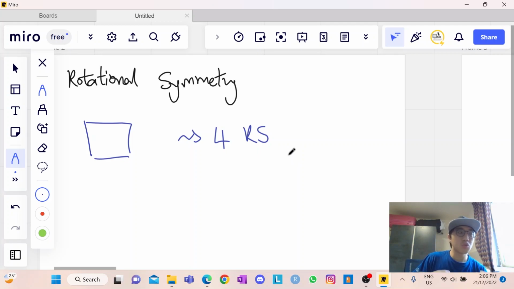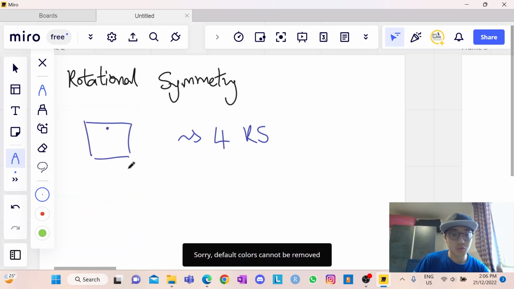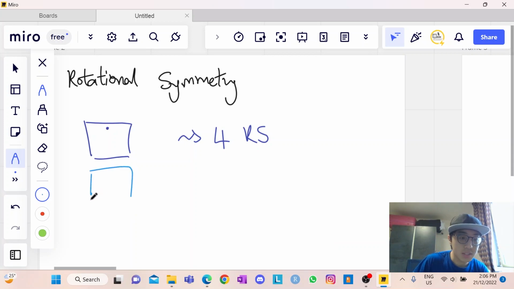And how do we find a rotational symmetry? Number one is you are gonna rotate the shape. If I add something like a dot here, your first rotation will go 90 degrees until you get the same order.